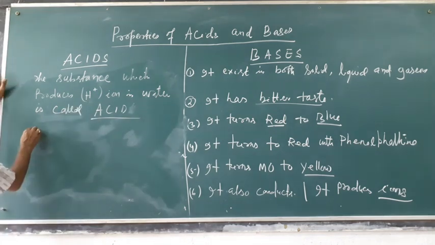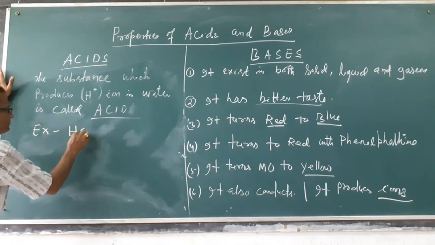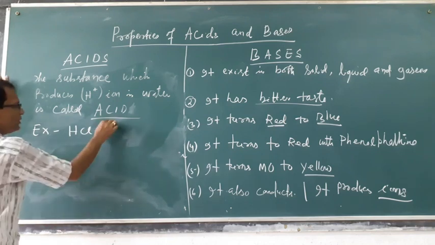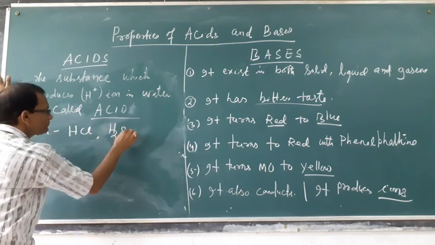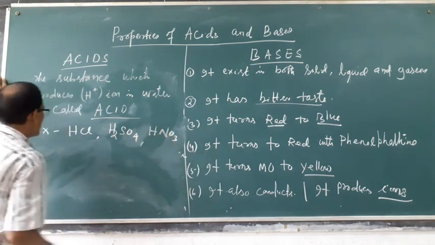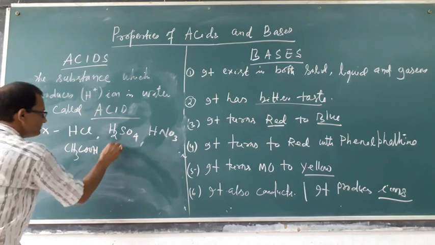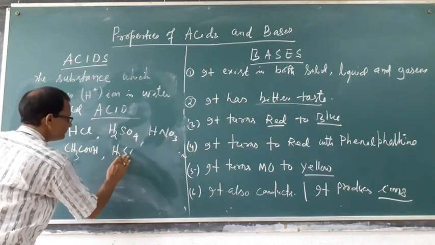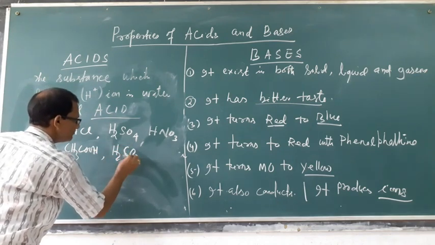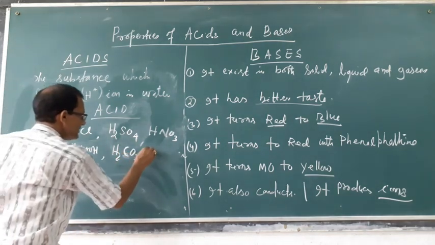What are examples of acids having H plus ion? Hydrochloric acid, sulfuric acid, already you know the names, nitric acid, acetic acid, carbonic acid, phosphoric acid.